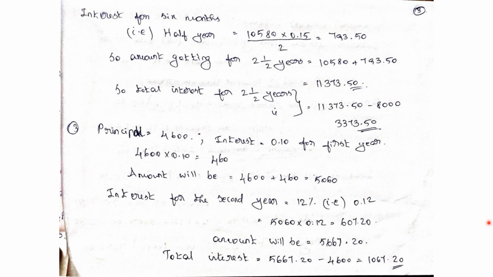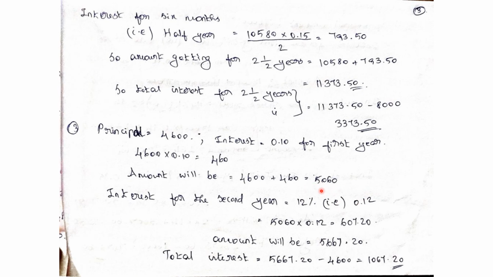For the second year it is 12%, that is 0.12. So for the first year we need to multiply the principal amount into 0.10. We'll get 460. That 460 as usual will get added to the principal amount 4,600. So the answer will be 5,060.